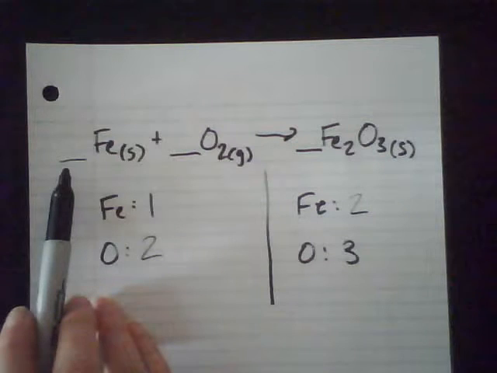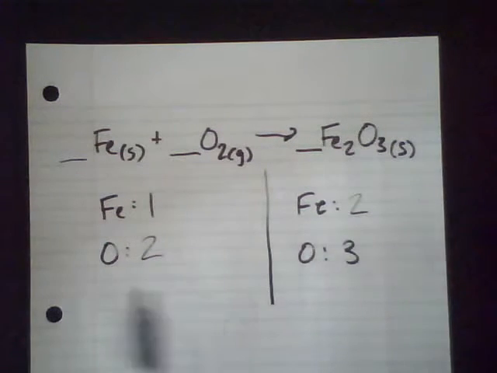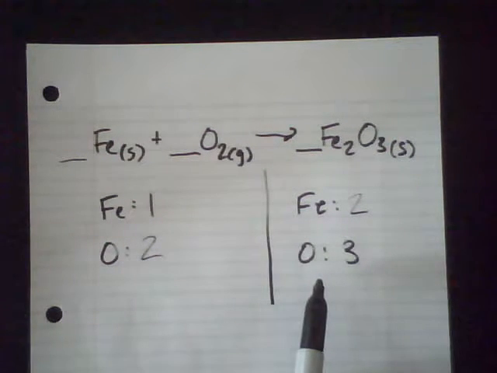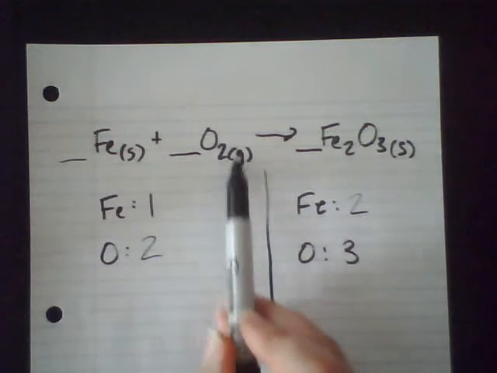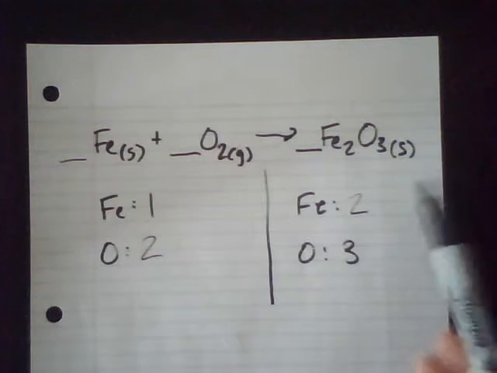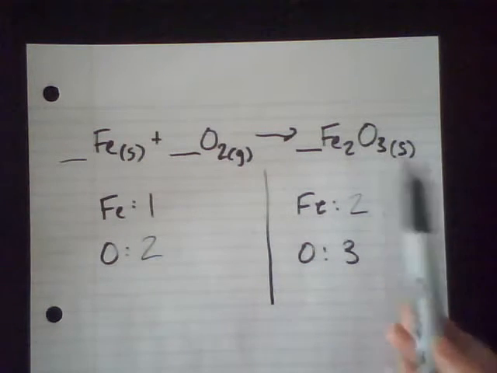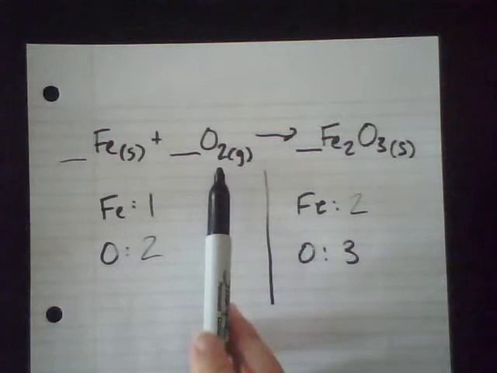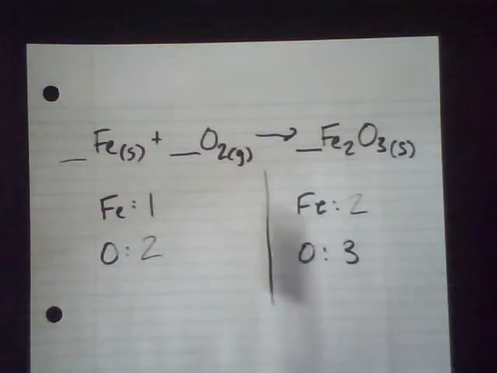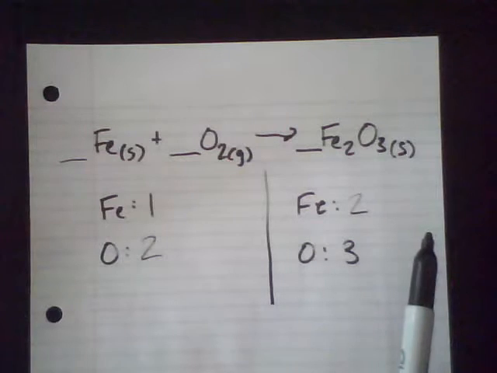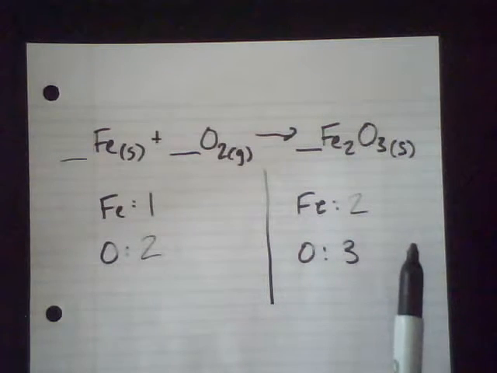Now that balances out the iron, but it doesn't do anything to solve the oxygen problem. And the oxygen problem really comes about because I have an even number on one side and an odd number on the other. And so anything that I multiply my oxygen on my reactants by is going to give me an even number. So I can never have an odd number of oxygen and have this reaction balance out.